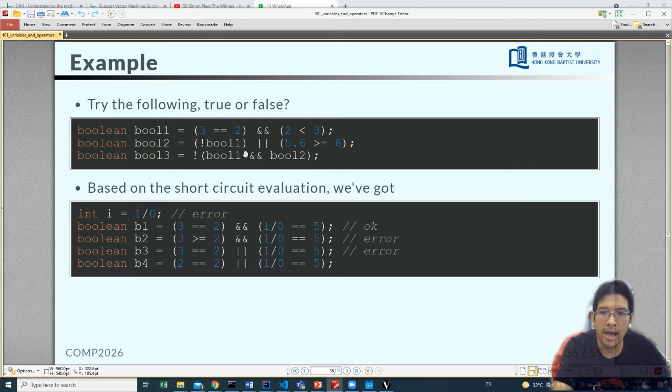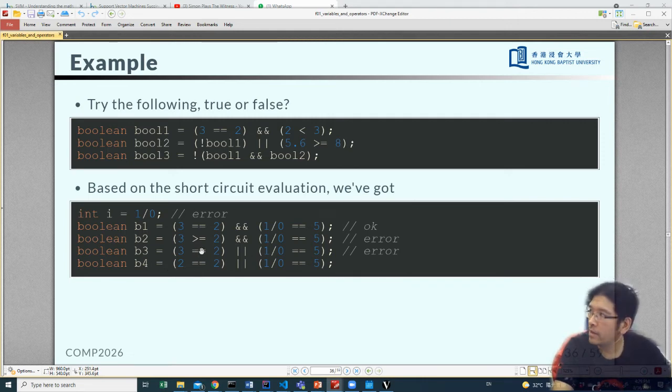So these two terms together will give you false. Not false will give you true. So bool3 will also be true. I hope this one will be easier, and this is nothing related to short circuit yet. These will be something related.